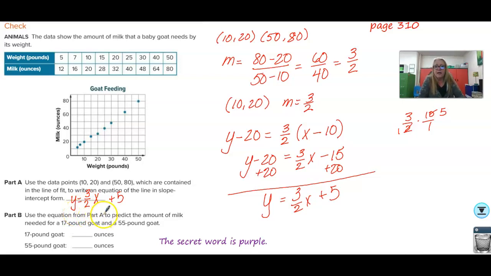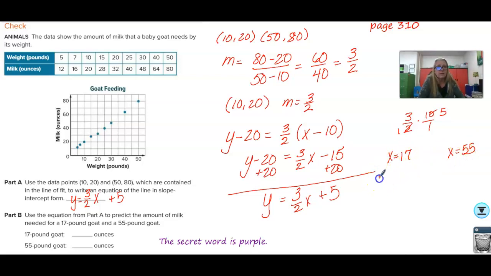Use the equation from part A to predict the amount of milk needed for a 17-pound goat and a 55-pound goat. So they're saying let x equal 17 and let x equal 55. Interpolation, extrapolation.